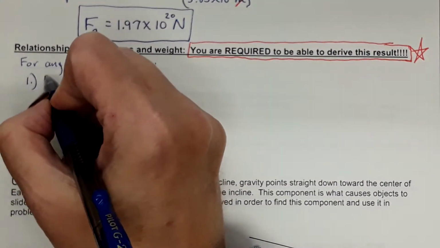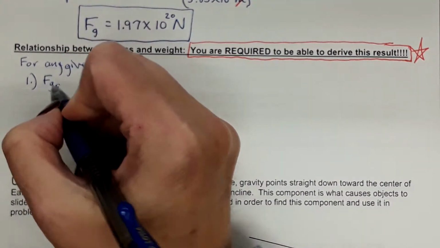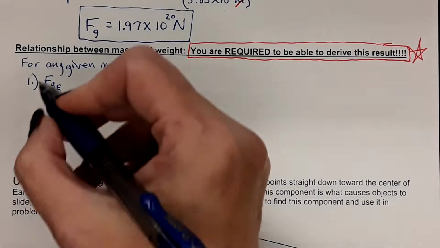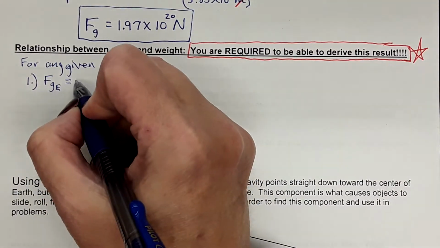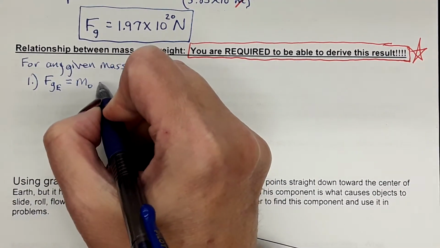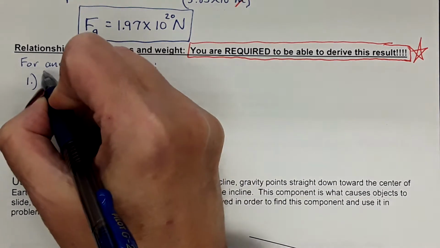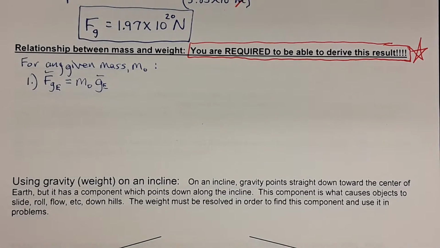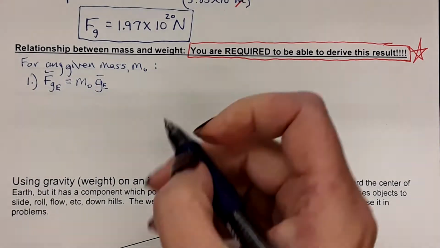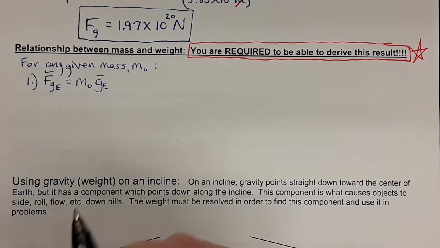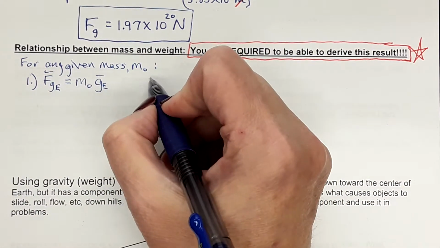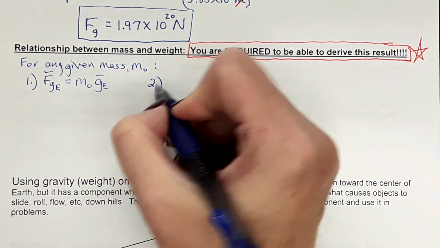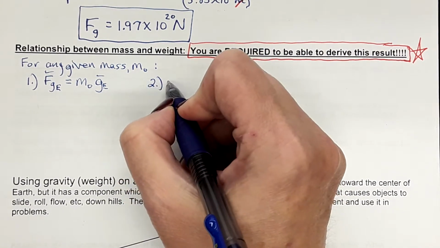We can find the gravity on Earth, and capital E stands for Earth, by taking the mass of the object and multiplying by the acceleration due to gravity when it's in free fall on Earth. Okay? We can also, according to Newton's universal law of gravity, find the gravity between the mass and Earth this way.